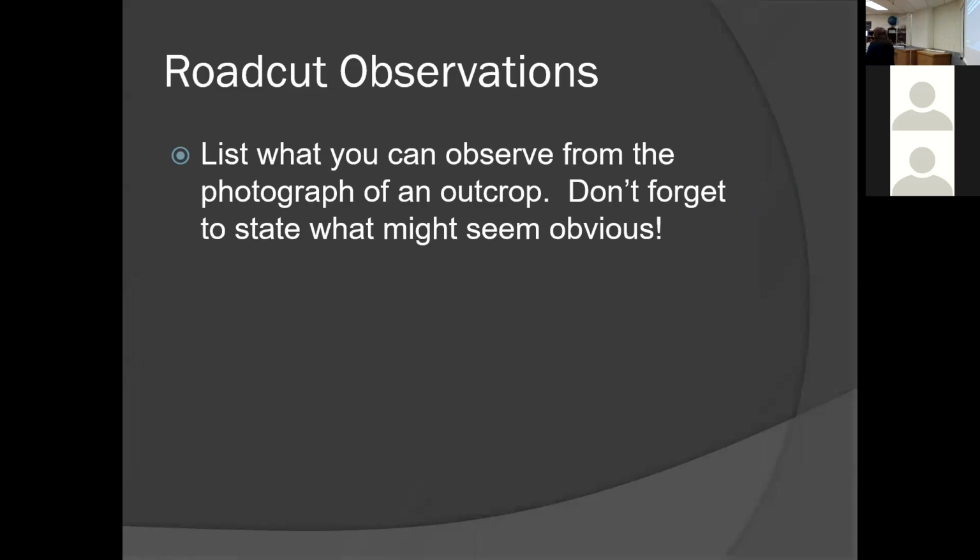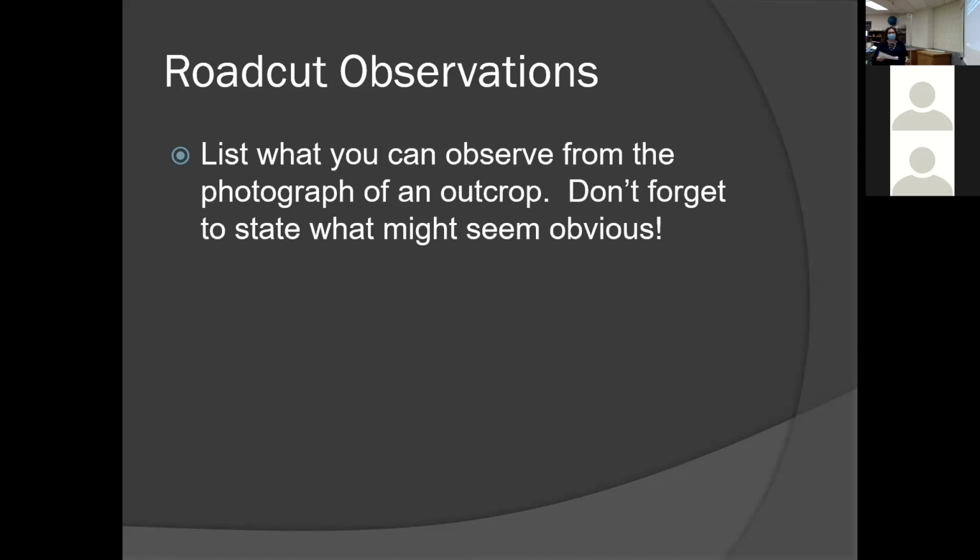You're going to take a look at these road cuts. And you know, if you're driving along the interstate, well, any road you drive in West Virginia, you see road cuts. And the first thing I want you to do is take a look at your lab handout that I gave you and just make some observations.